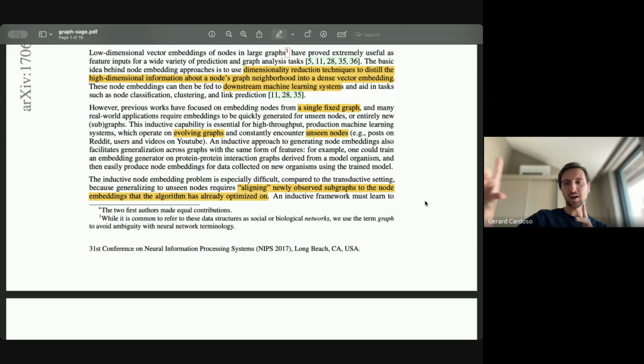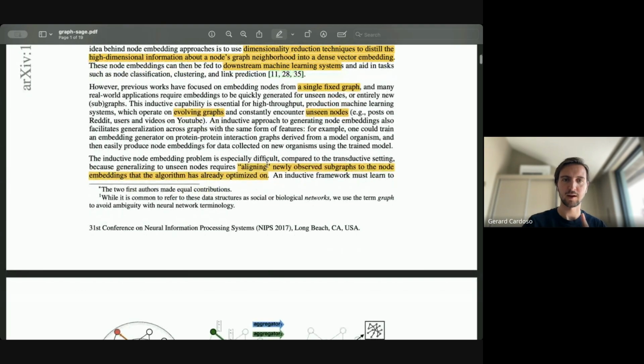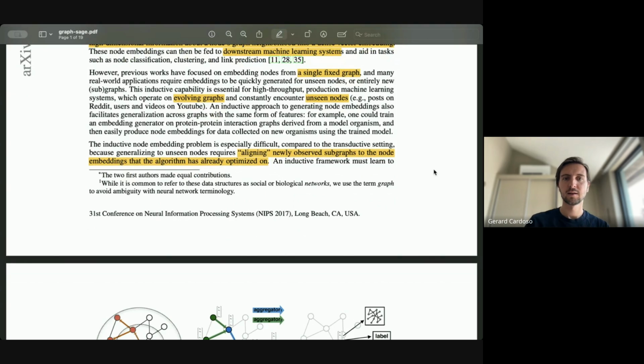But as soon as you have new nodes or new graphs, you have to go through this whole process again, because you have no idea whether the embeddings that come out will be aligned with the previous embeddings that you had, which is what I highlighted here. You need to make sure that the embeddings for the new nodes make sense in the context of the previous embeddings.